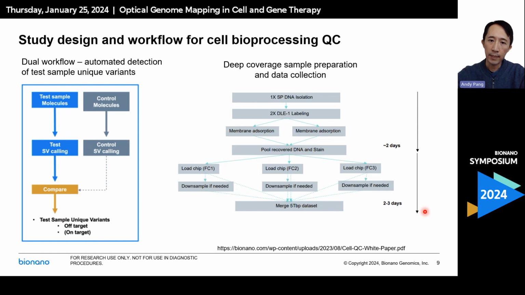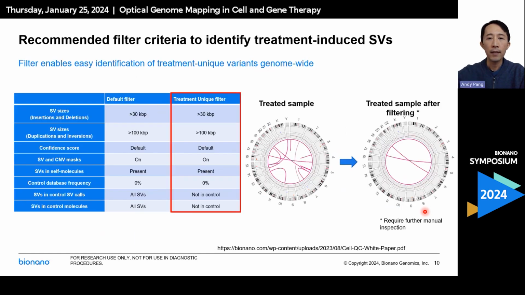So after you collected the data, for both the test and the control samples, you would call SVs and run the dual annotation pipeline to compare the calls. And then our Bionano Access visualization software enables users to quickly filter for variants that are unique in the treated sample.